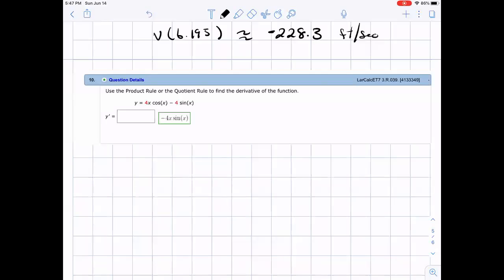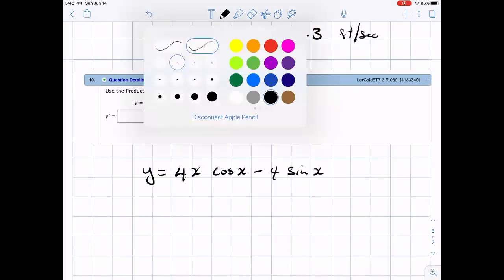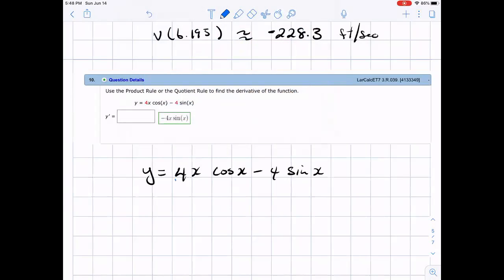So I was asked to look at this problem also. Use the product rule. So y is equal to 4x cosine x minus 4 sine x. If you're asked for y prime, I would strongly recommend noting that these are two products.